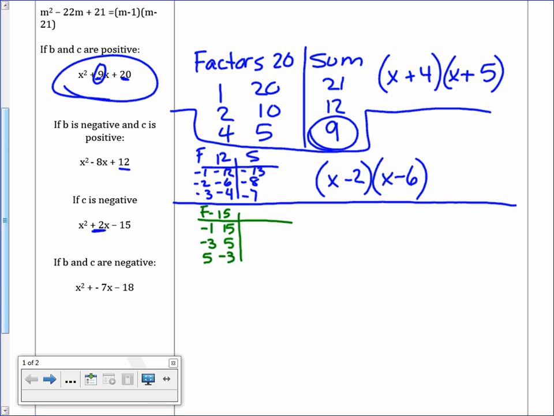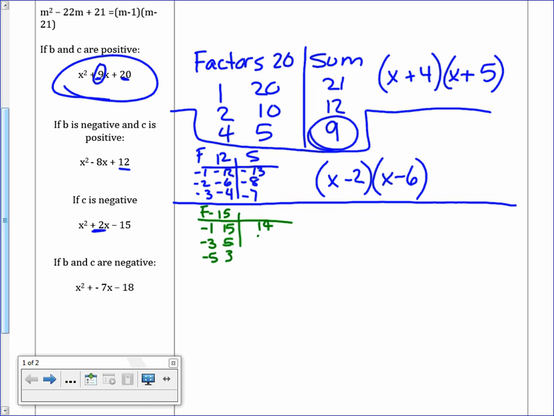Now, let's see here. A negative 1 plus 15 is going to be 14. So even if I switch that around, that's not going to work because I'm looking for a positive 2. Let me switch this. I wrote the same thing. It should be negative 5 and a positive 3 there. Let's see.